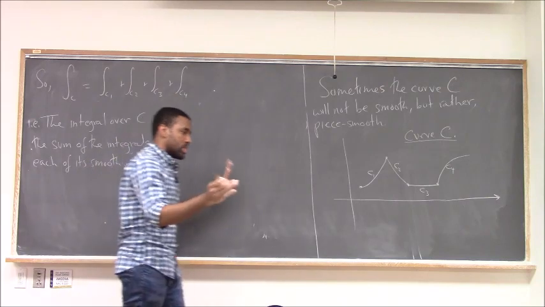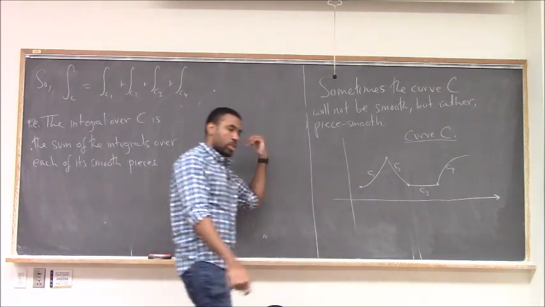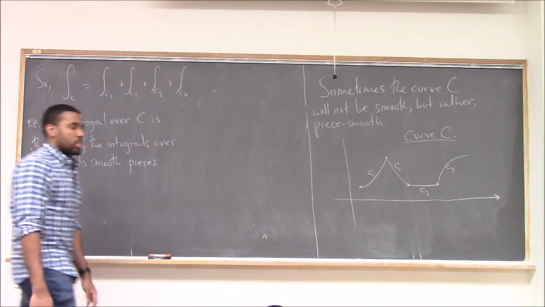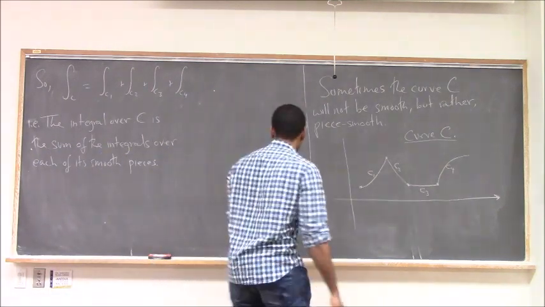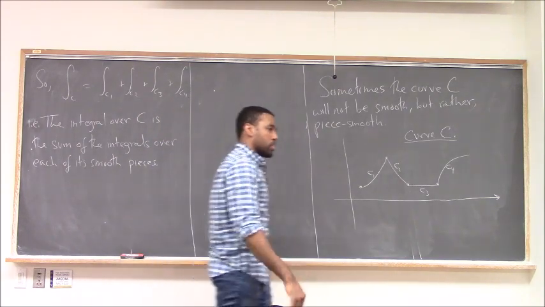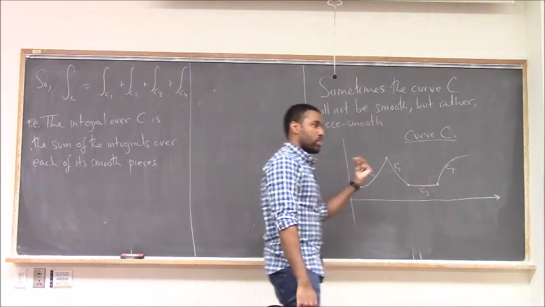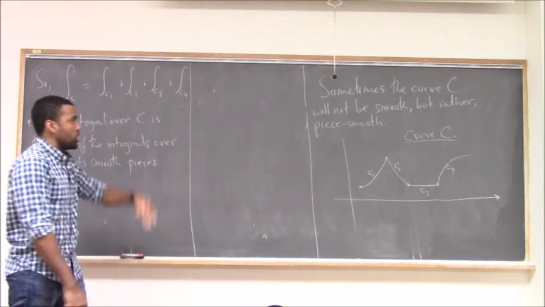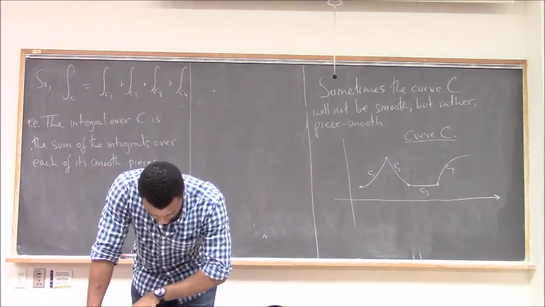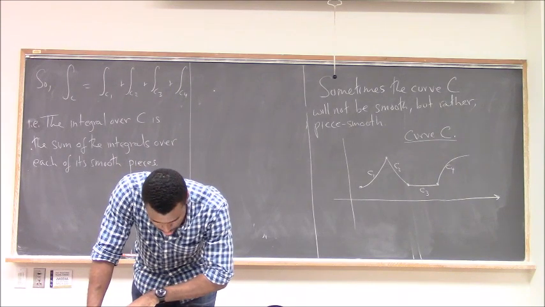If curve C by itself is smooth, like in the previous two examples, you just integrate over curve C, but sometimes you will have to do several integrals. Each piece would have a different parametrization, which is why it's very important that you're quick with the parametrization and with knowing how to evaluate certain kinds of integrals. You don't want to be bogged down by that.